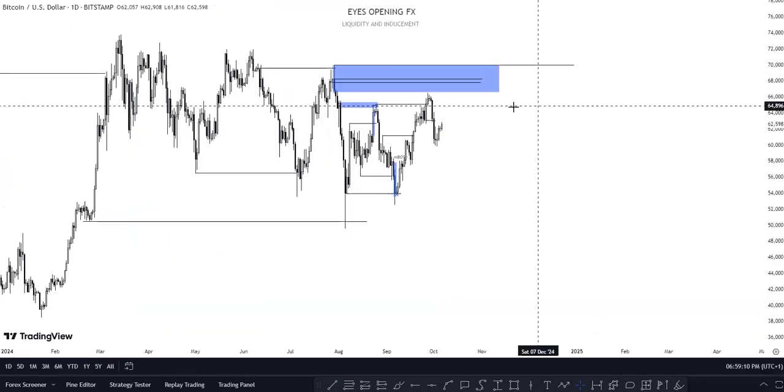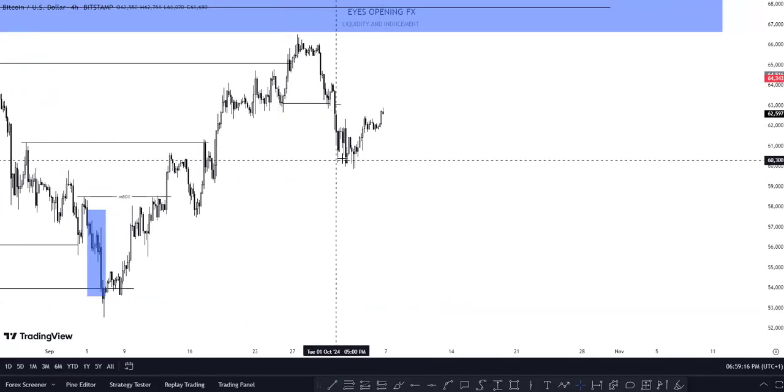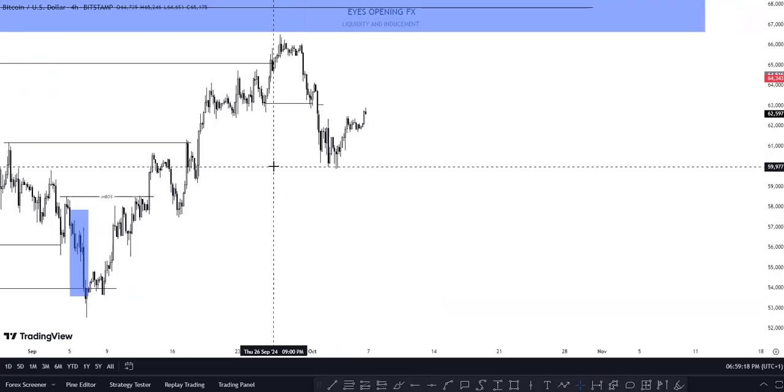On BTC, within the week, I give my view of what I expect on BTC, where price is.